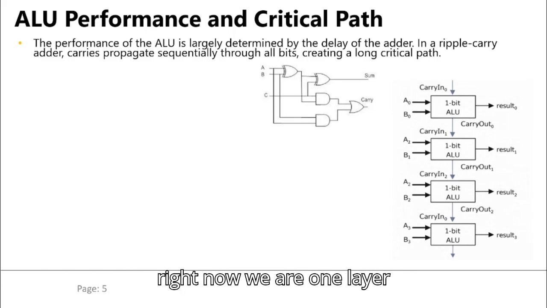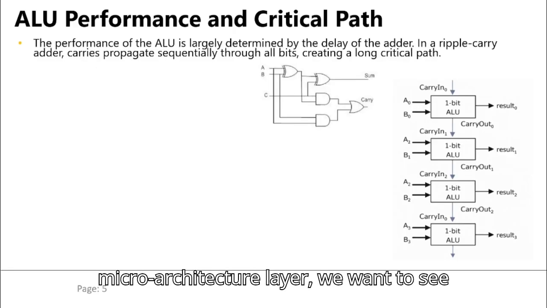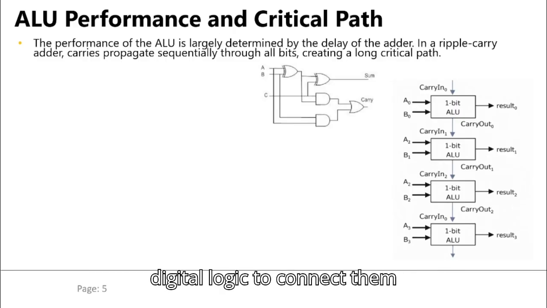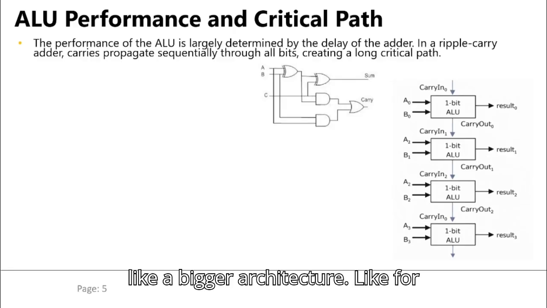Right now we are one layer lower, in the microarchitecture layer. Here we want to see how we use the blocks that we learned in digital logic and connect them together to make a bigger architecture.